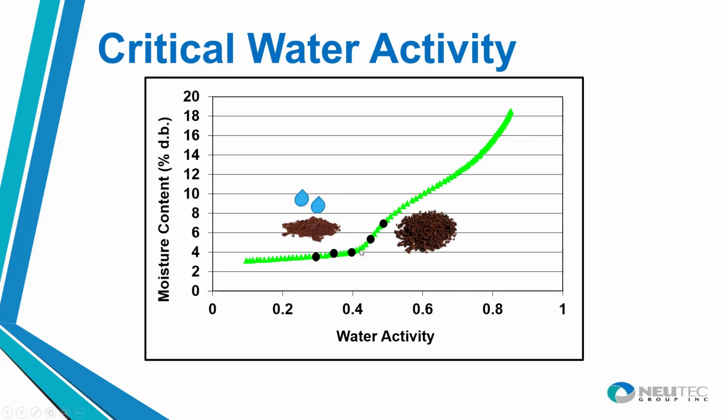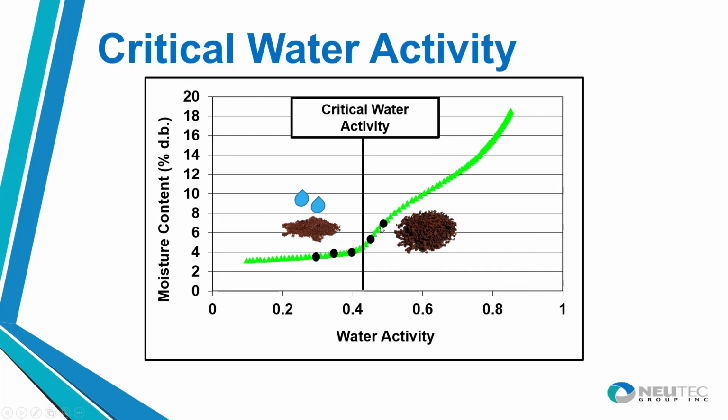As long as you maintain this powder at water activities less than that critical water activity, it will remain free flowing and should have an extensive shelf life. Once it moves past the critical water activity, it becomes susceptible to caking and clumping, and the time that takes gets faster and faster the further you move along the isotherm curve beyond that critical water activity.